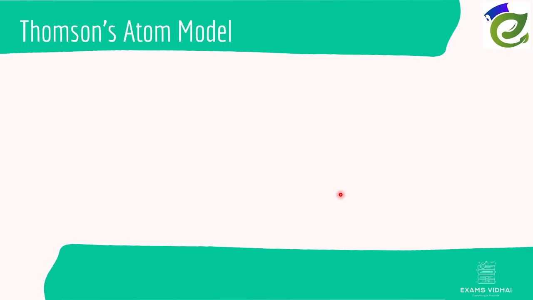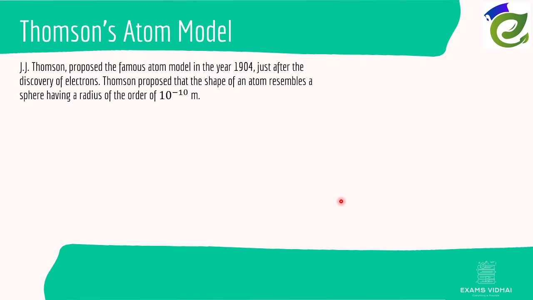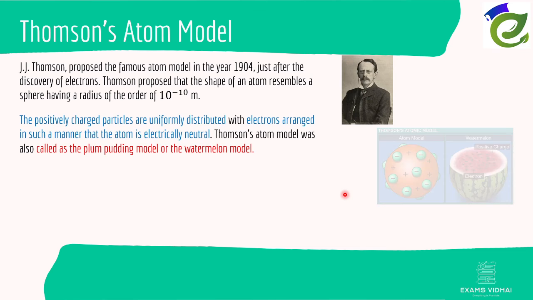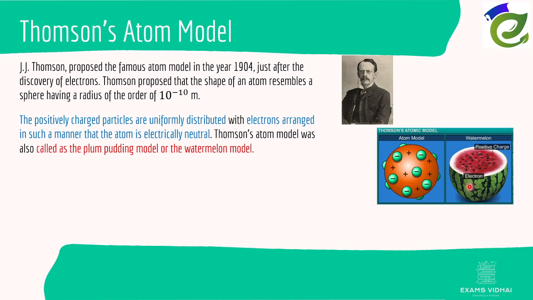Now, to go forward, we'll be learning about J.J. Thomson's atomic model. After the discovery of electrons and protons, J.J. Thomson had a say in the atomic structure study. He took a watermelon, and if you cut it in half, you can see seeds in it, right?